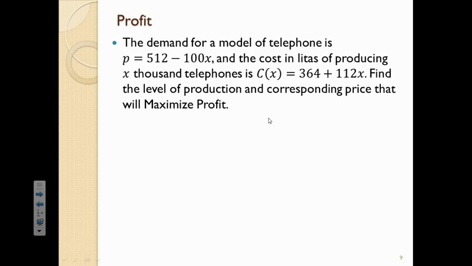Well, we remember the simple fact that our revenue, R of x, is going to be equal to x times p, and we are given p.